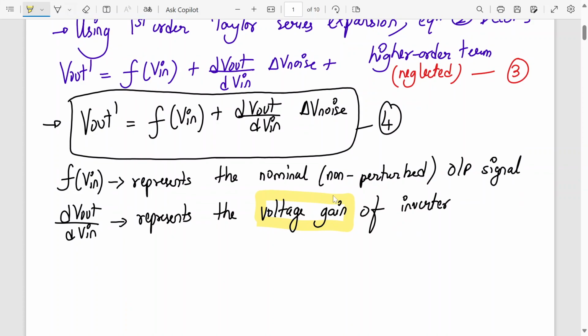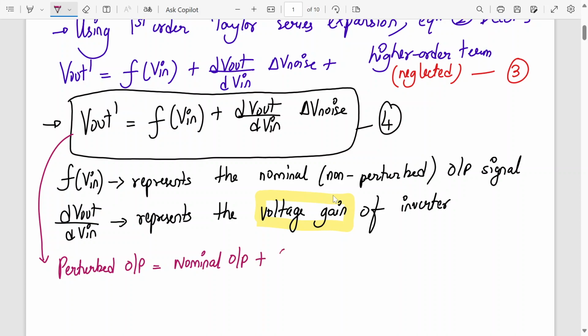The same equation we can represent as follows. Perturbed output is equal to nominal output plus gain into external disturbance. Perturbed output is V out dash, nominal output is function of V in, dV out by dV in is gain, and delta V noise is external perturbation.